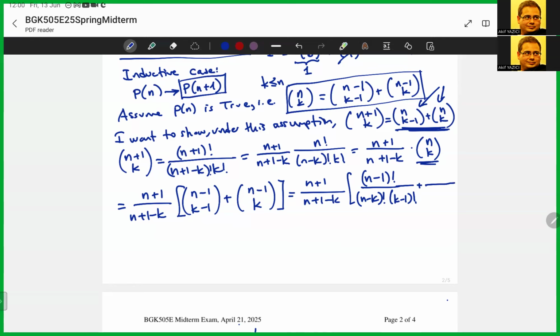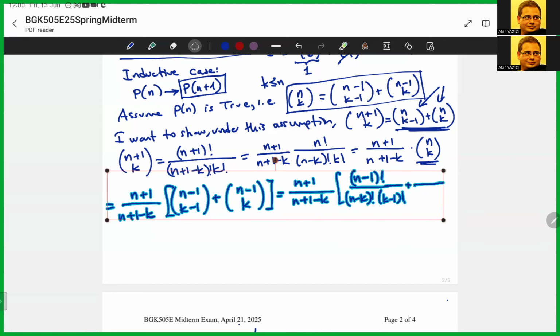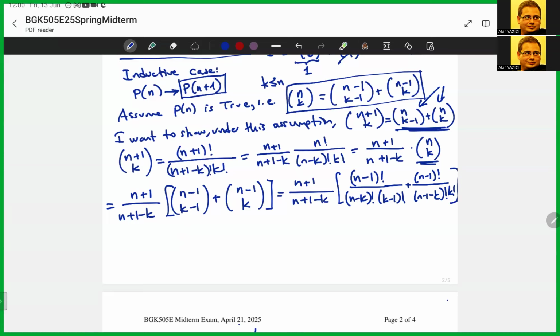can I fit it here? So maybe I should pull everything to the left a little bit. Okay, so that's n minus 1 factorial divided by n minus 1 minus k factorial, k factorial. Okay, so from this, I would like to reach these two terms, this one and this one.